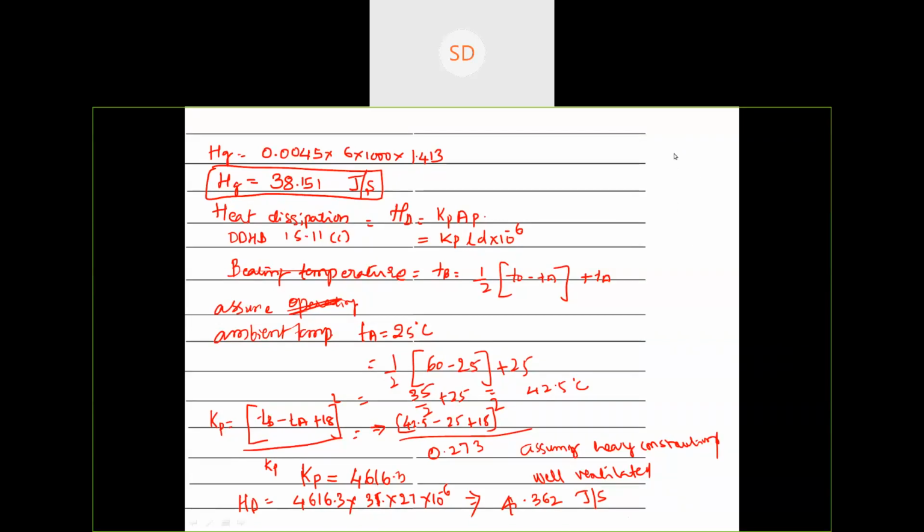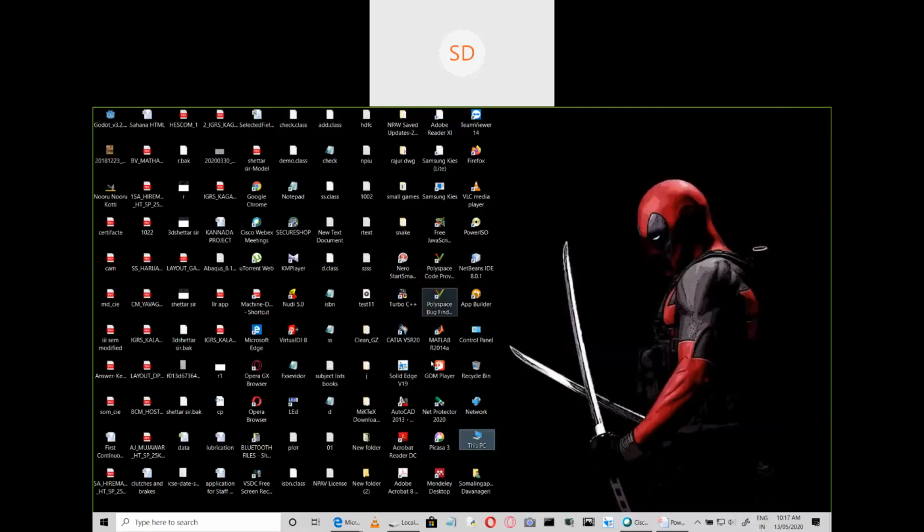You need artificial cooling here. Okay? So for that, you need to calculate what is the amount of oil or flow rate required. Now I'll go back to the data handbook.